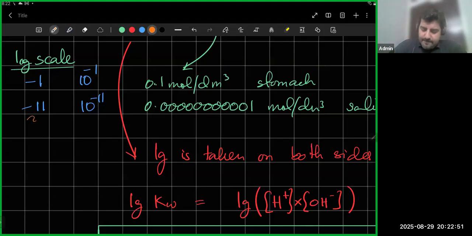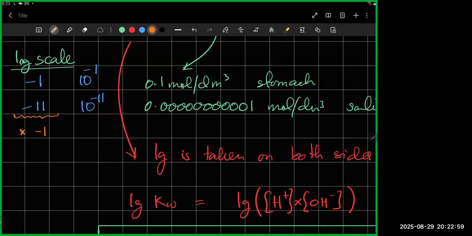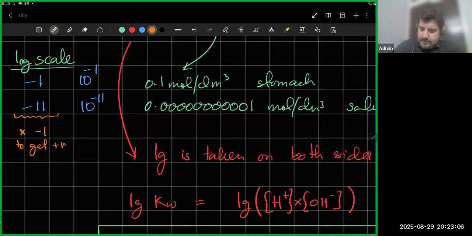Is this thing clear? Clear है? Yeah. Umar, Minal, is this clear? Yes. हाँ. अच्छा, to get positive numbers, right?